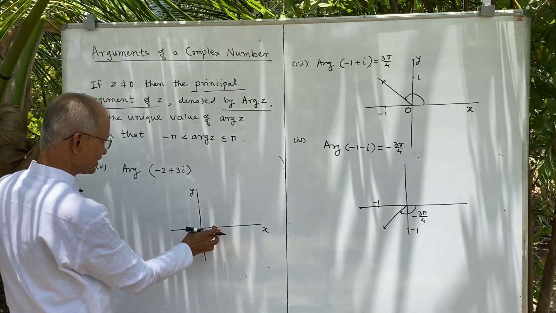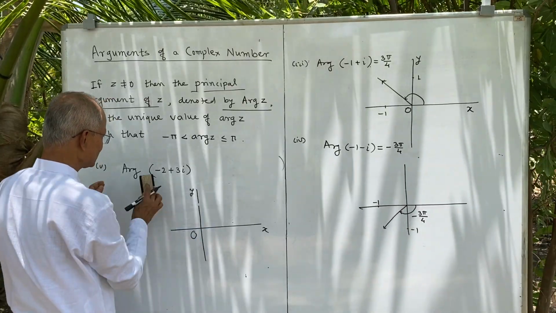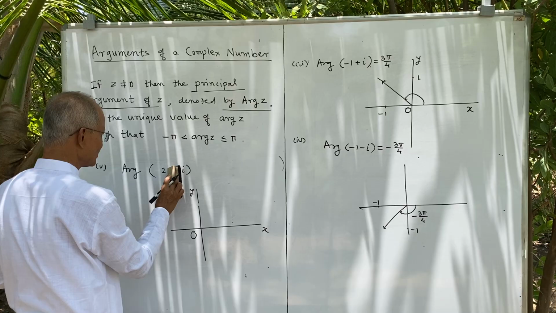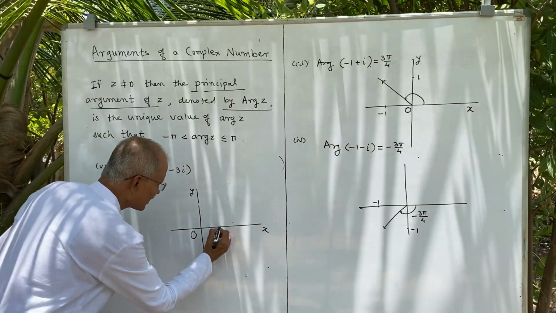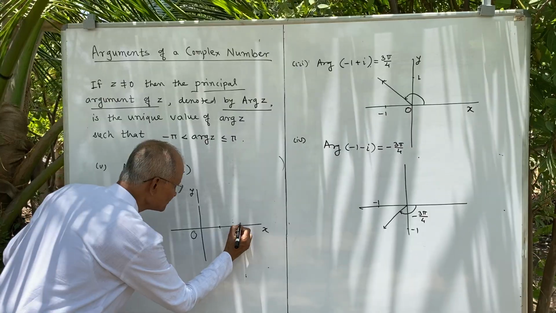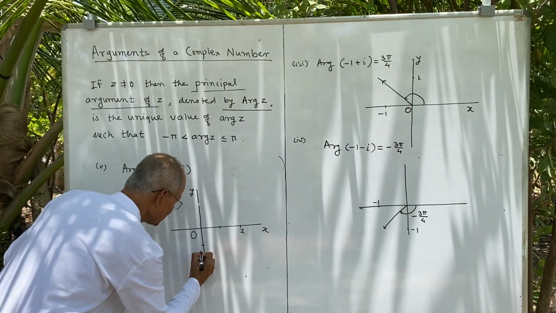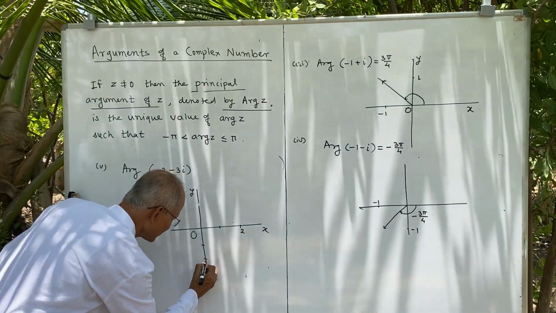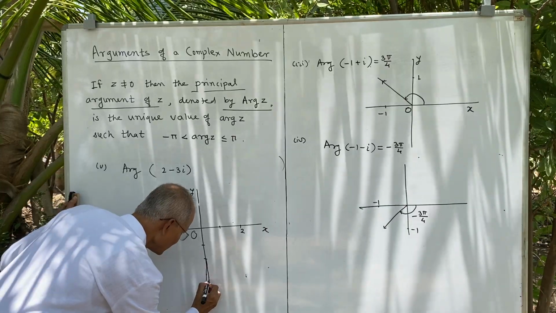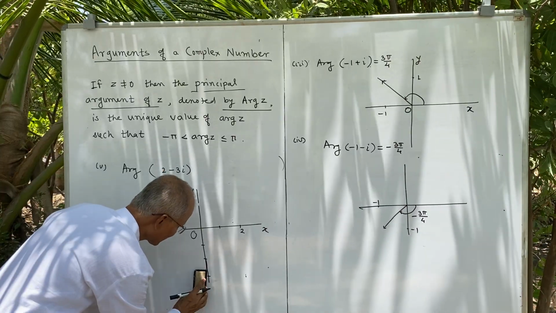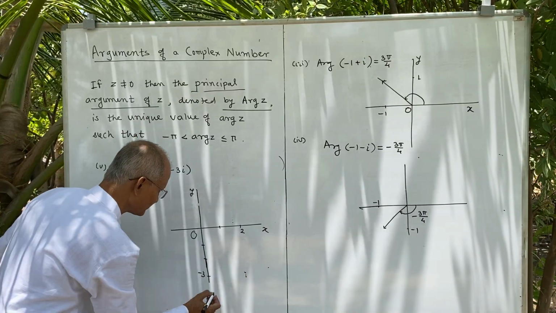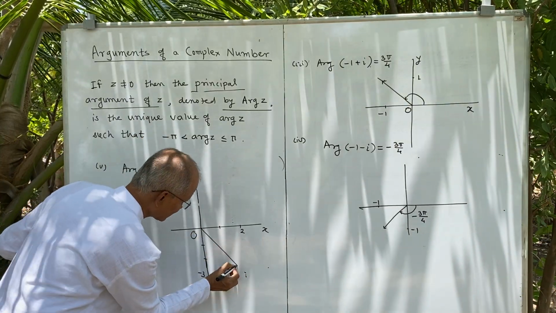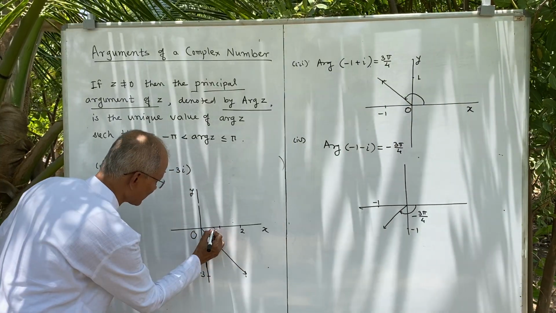We want to consider the fourth quadrant, so x should be positive and y should be negative. Y is negative: 2 minus 3i. Therefore the point will be here, and this is the angle.